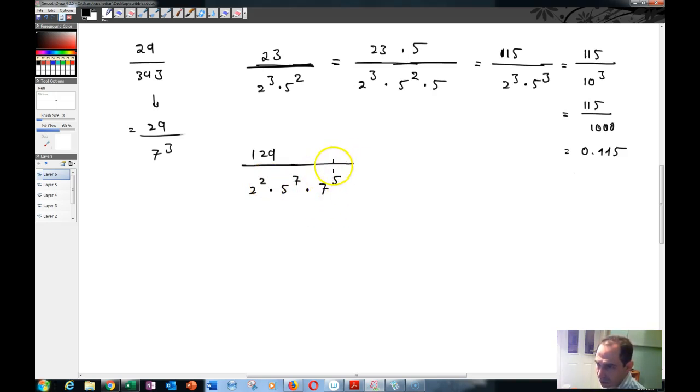But about the 7's, if it was possible to cancel out the 7's with some factors in the numerator, then you would be fine, and this number would have a terminating decimal representation. Otherwise, as it is, it's not possible.